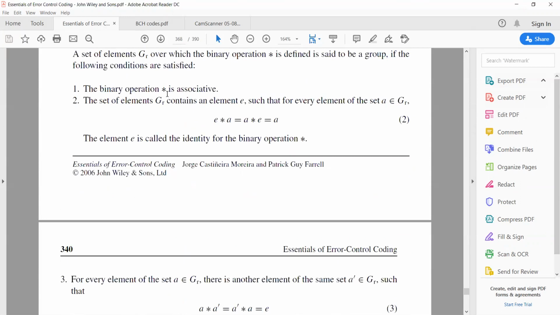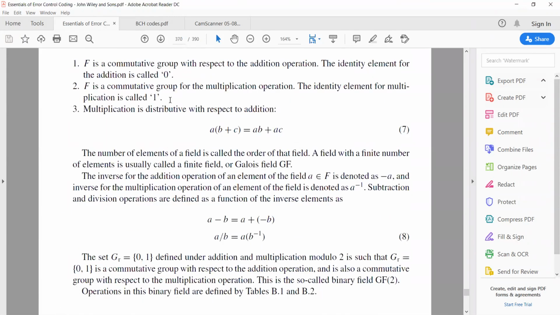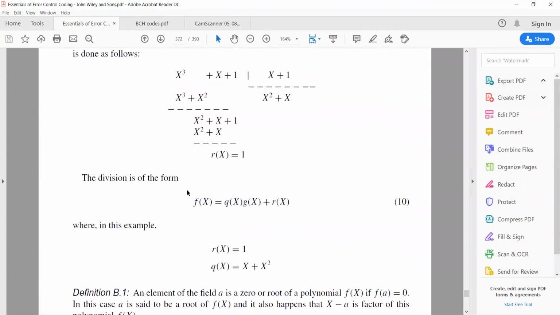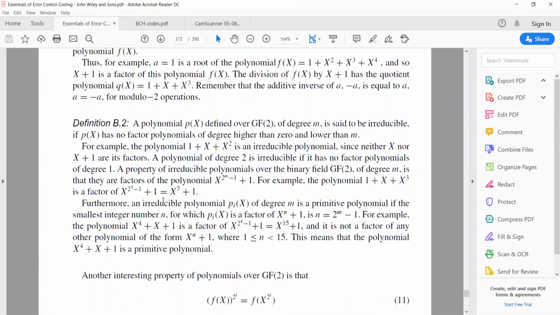So that was the formula. Here, x plus 1 is a factor of x to the power 2 to the power 3 minus 1 because the degree is 3, so m equals 3.